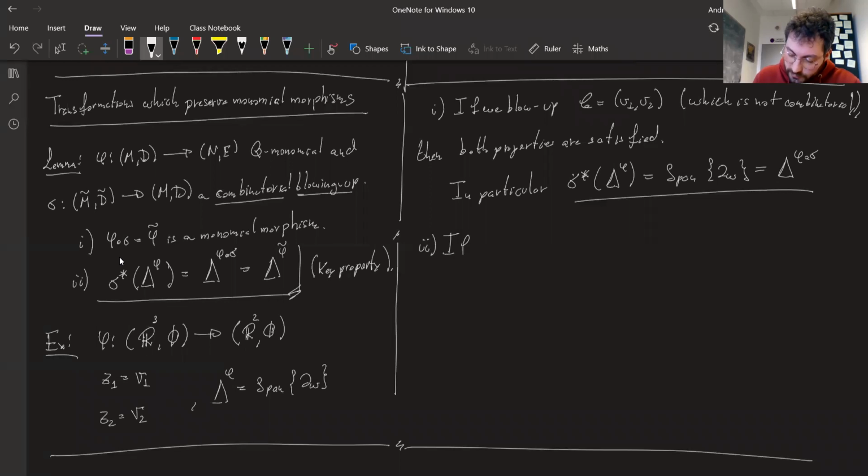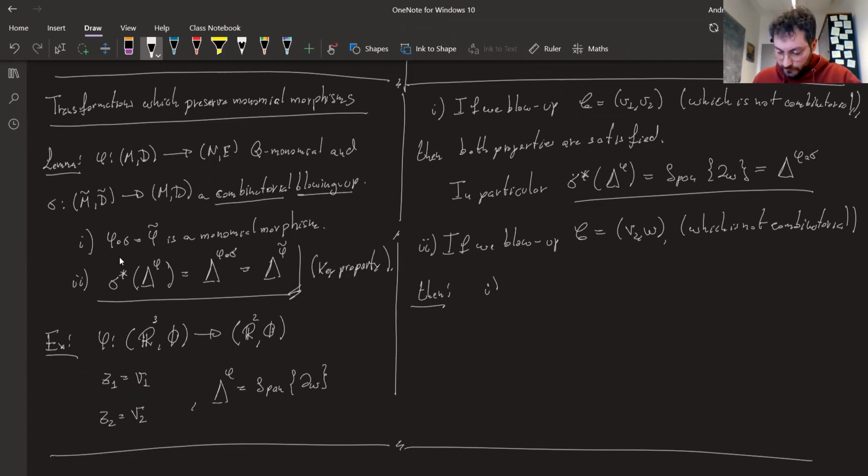But if we blow up with center C given by V2W, again, which is not combinatorial, then I composed with sigma is monomial.